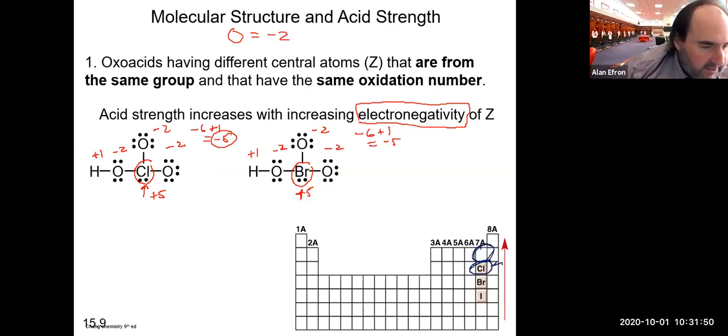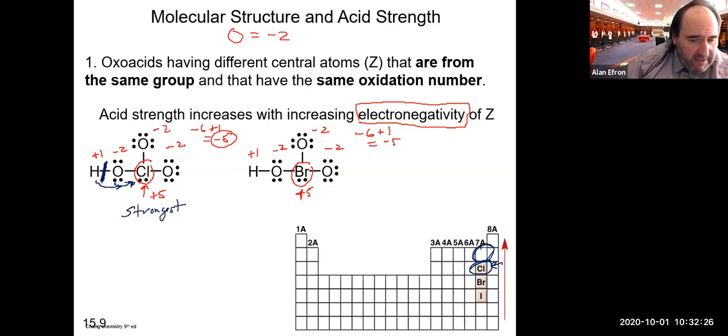So chlorine is more electronegative than bromine, which means in general, in our OH bond here, the electrons are heading towards the oxygen because it's more electronegative than the hydrogen. And now with this chlorine being more electronegative, the electrons are heading even more in. What that is essentially doing is weakening this bond more and more and making that H easier to come off. Because it would be easier to come off, it would be the stronger acid of these two.